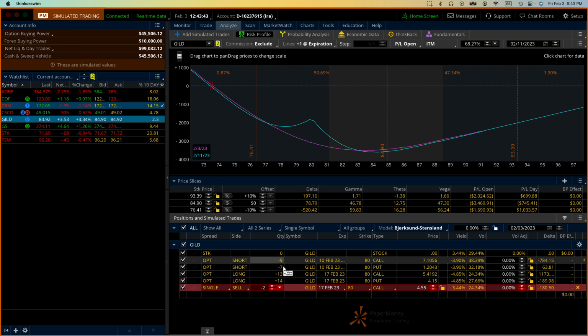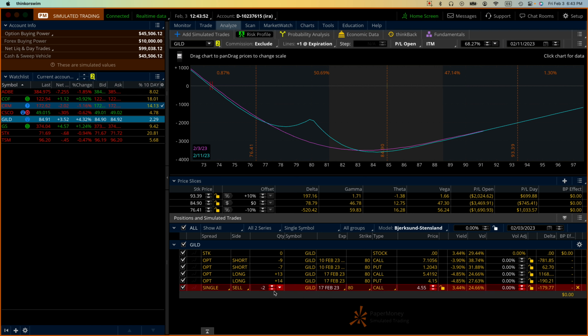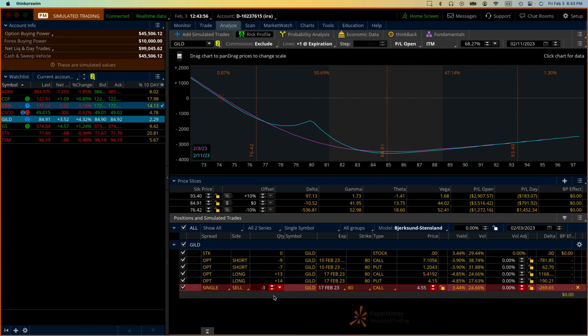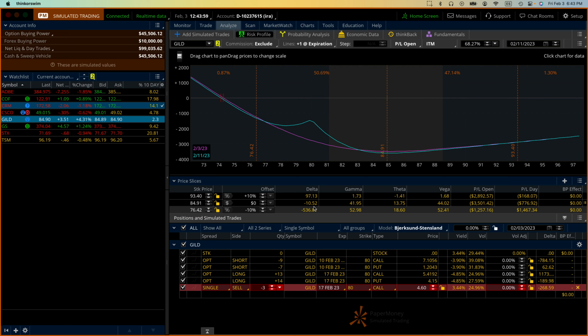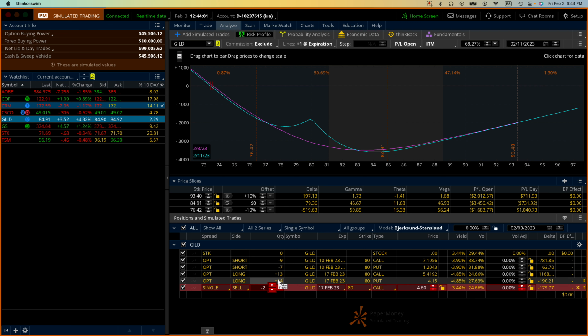Well, it goes from 13 to 11. Okay, we can do that, or we can do a rollover too. If we were to do 3, that would be too much, so we can do 2. We don't want the deltas to be negative, but I still think these deltas are large.